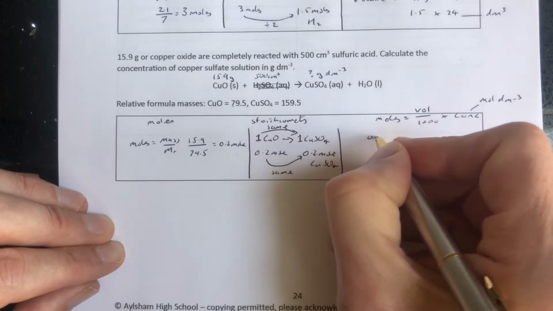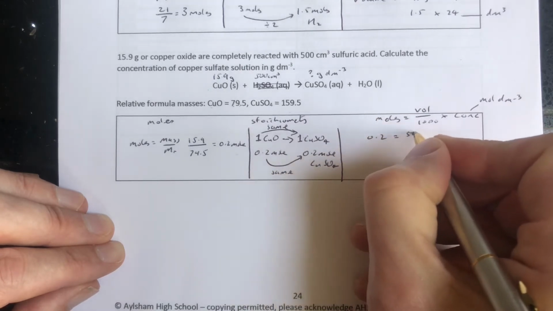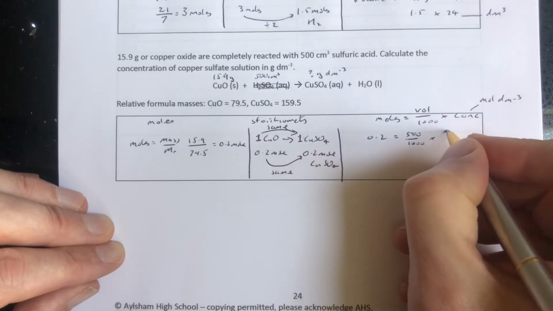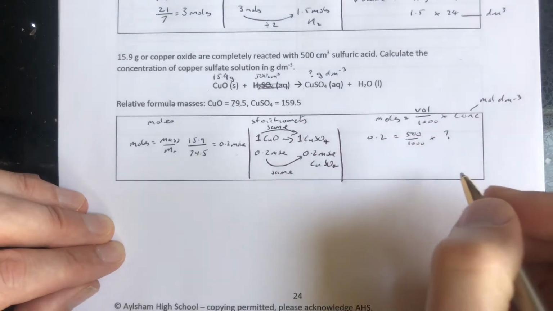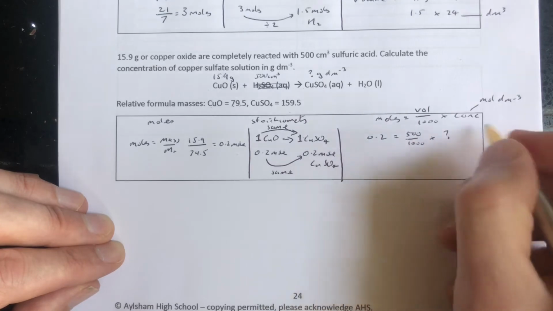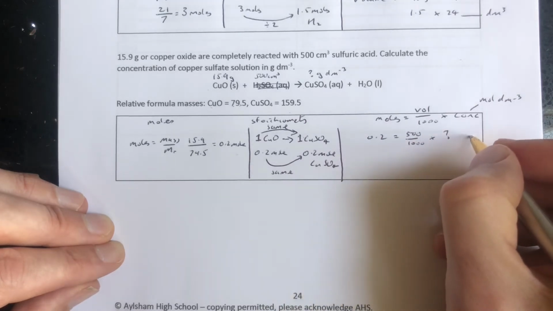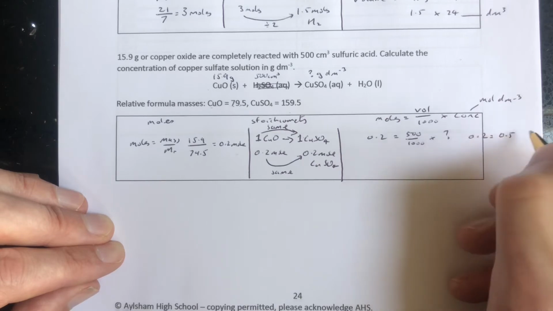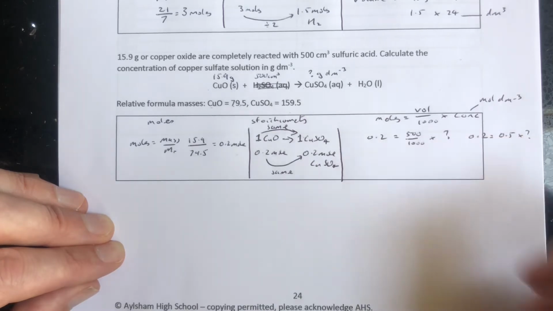So 0.2 equals 500 divided by 1,000 multiplied by the concentration. Concentration is the question mark in this case. So I'm just going to work 500 divided by 1,000 out to make it a little bit easier for me to rearrange. 0.2 equals 0.5 times our question mark.